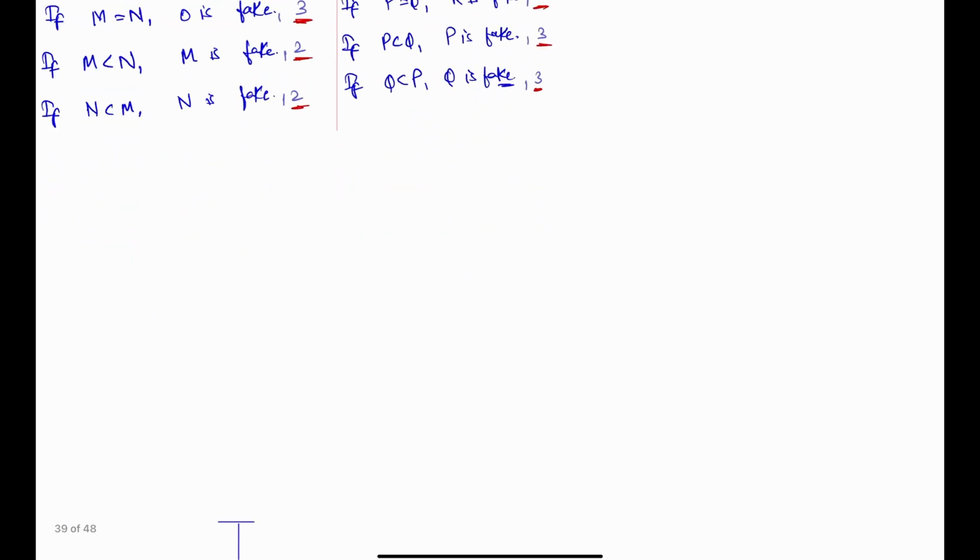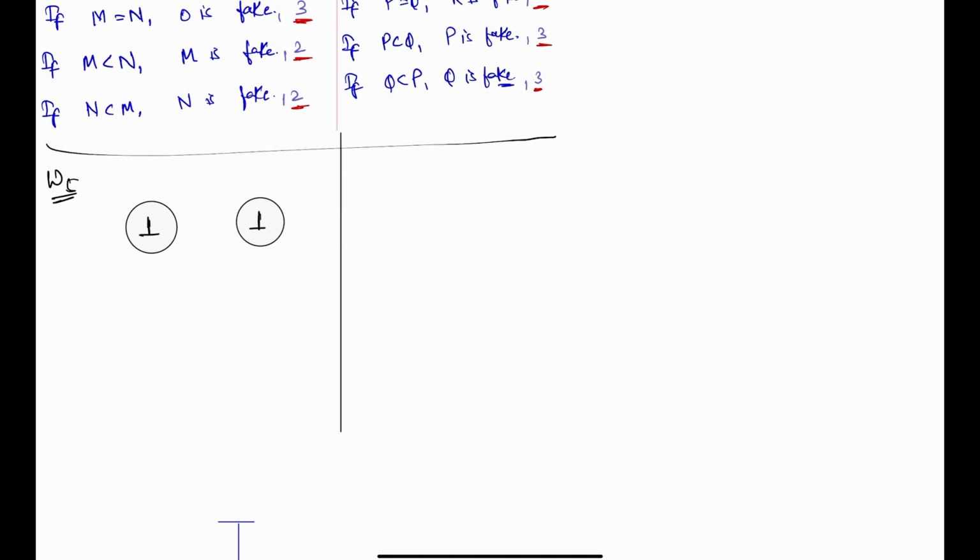In weighing 5, we can easily do it: the 2 will be divided into 1 and 1, and the 3 will be divided again into 1, 1, and the last 1.